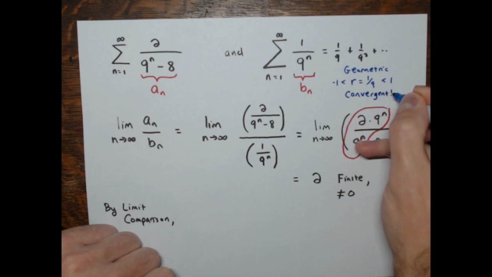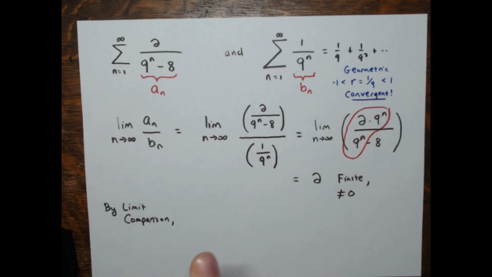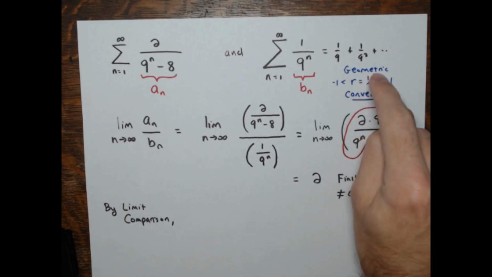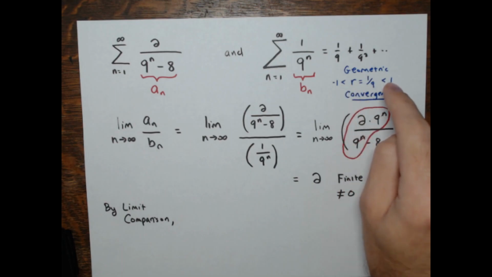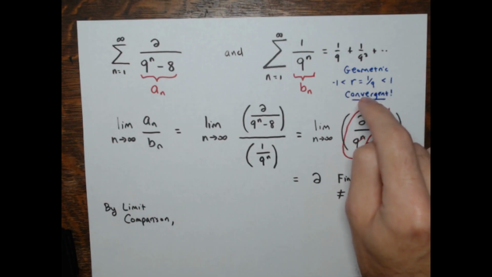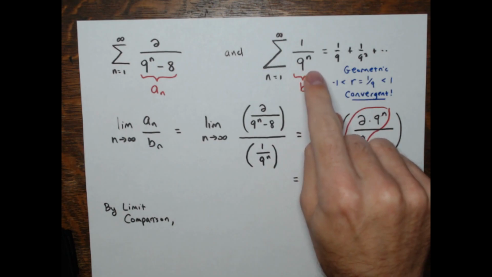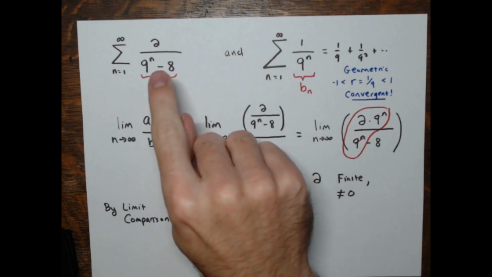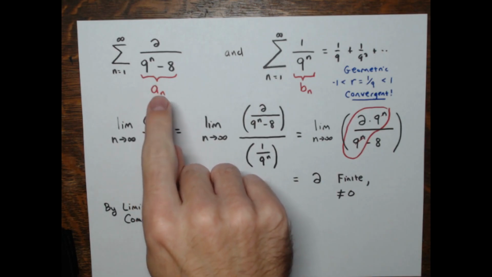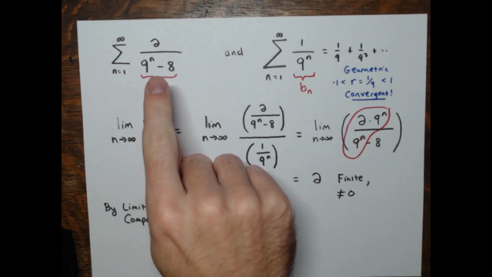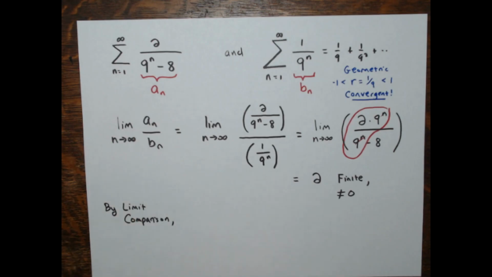We've seen plenty of series now, and remember, geometric ones are nice. If you have a geometric series with a common ratio between -1 and 1, it will converge. And since I know this is convergent, and by this limit comparison test, the series of a's here, this first sum, must also converge, right?